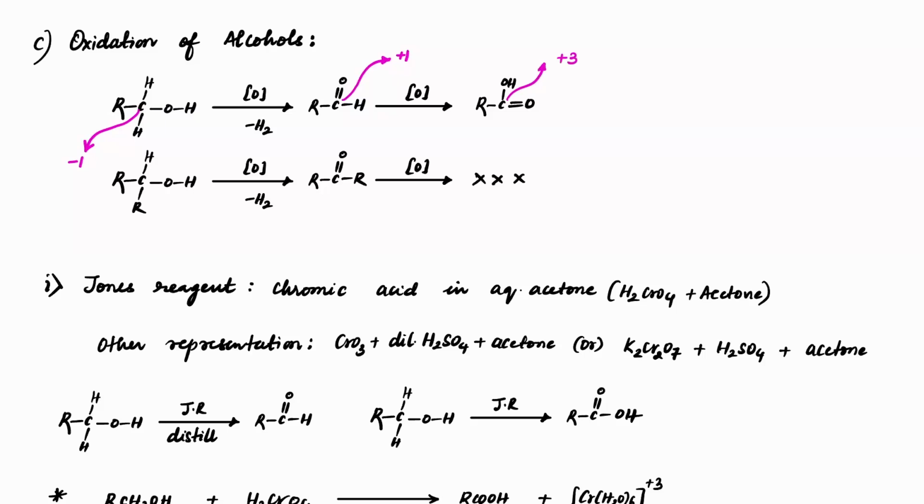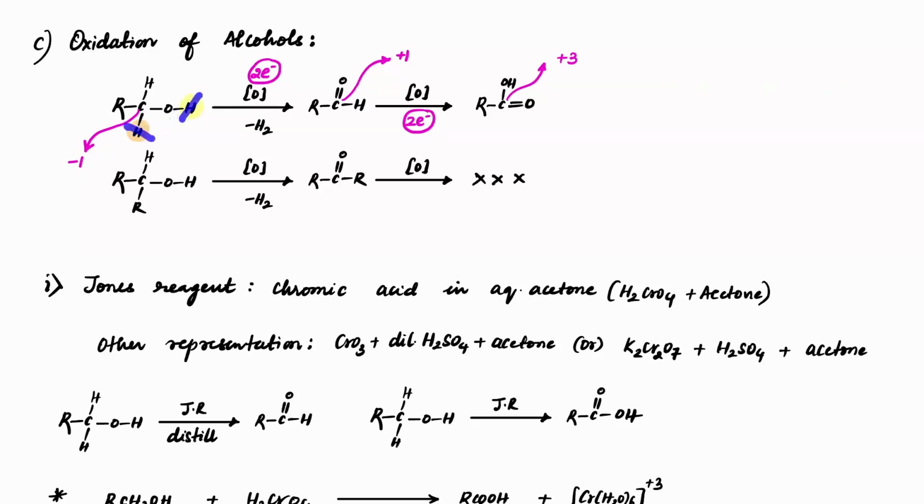Which means if you want to convert an alcohol into aldehyde, we have to release two electrons. Same way, from aldehyde to acids also, two electrons are required. Basically, what we are trying to do is remove this hydrogen here, which I'm highlighting, and the other hydrogen here at the alpha position.